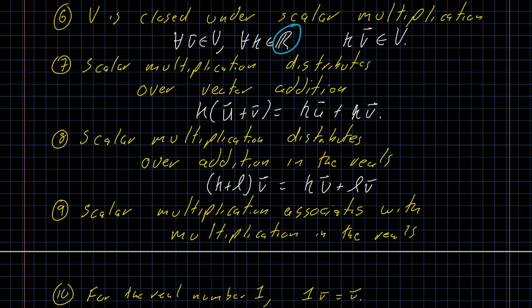Scalar multiplication associates with multiplication in the reals. So if you have k times lv, or you have k times l times v, it's the same thing. And the last property tells us that for real number 1 as our scalar, 1 times the vector v is itself.